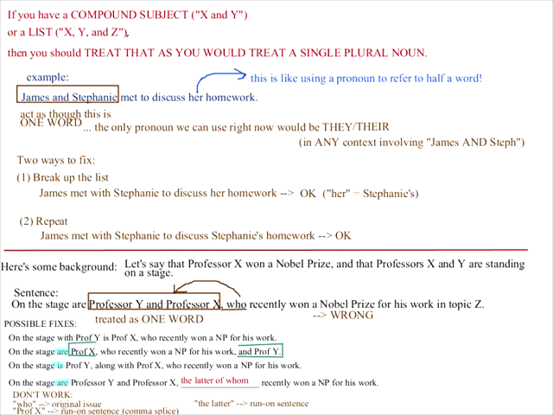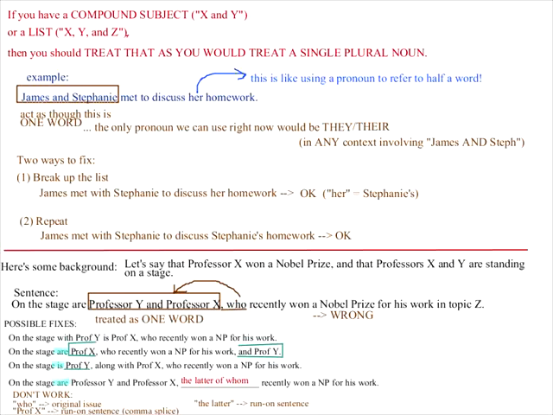On the other hand, what is the subject here? Should this be are, or is this okay with is? What is the subject of this sentence in the text box? A couple of you are typing, yeah, the subject of this sentence is just Professor Y, because along with doesn't do this.